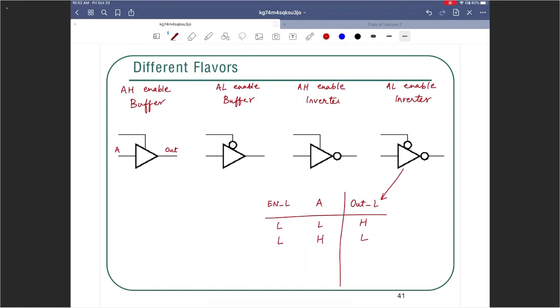Next, you have the possibility that enable underscore L could be high, which means that it is actually disabled. So no matter what A is, the output will be in the high impedance state.